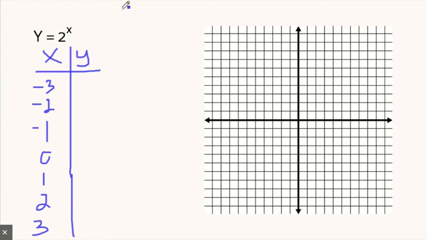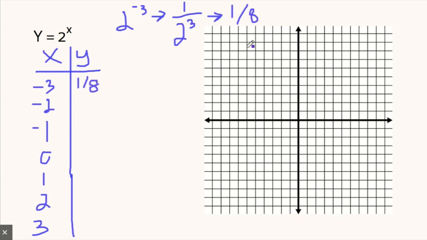Then we plug -3 in, it's going to be 2^-3, which is the same thing as, if you remember from the previous slides, 1 over 2 to the 3rd power, like this. And that is equal to 1 over 8.